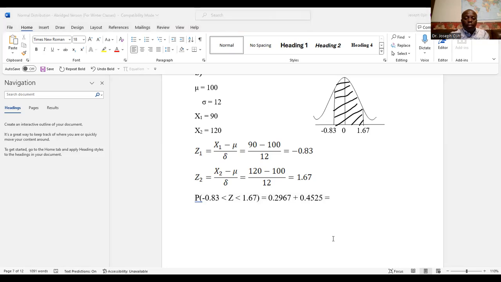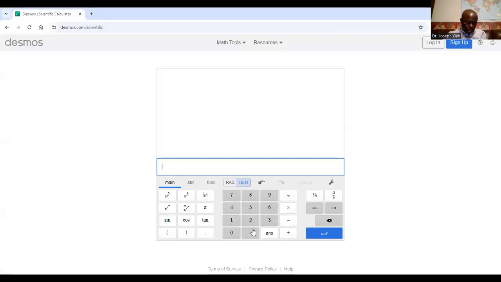According to our calculator, we have 0.2967 plus 0.4525, which is 0.7492.